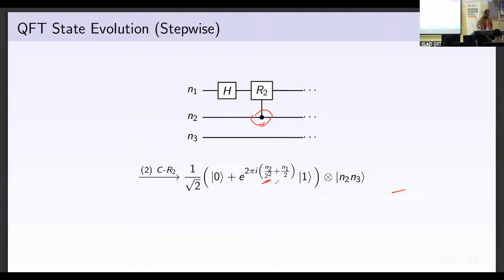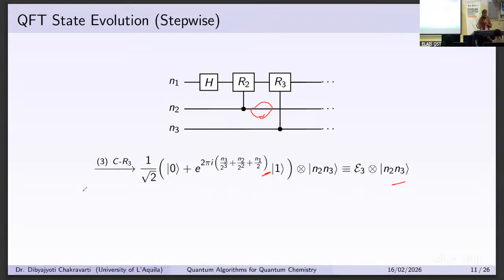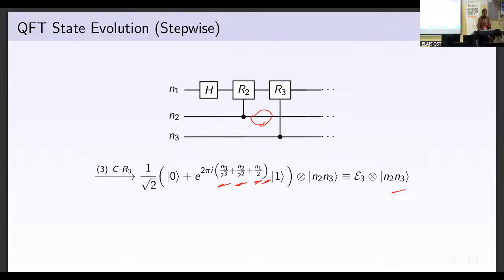And when the second rotation acts, another phase is added. So these two are the phases by which the state gets shifted whenever the rotation is acting. It's shifting only on the 1 because we have a control gate here. It's not doing anything on the 0 because of the controlled rotation structure.